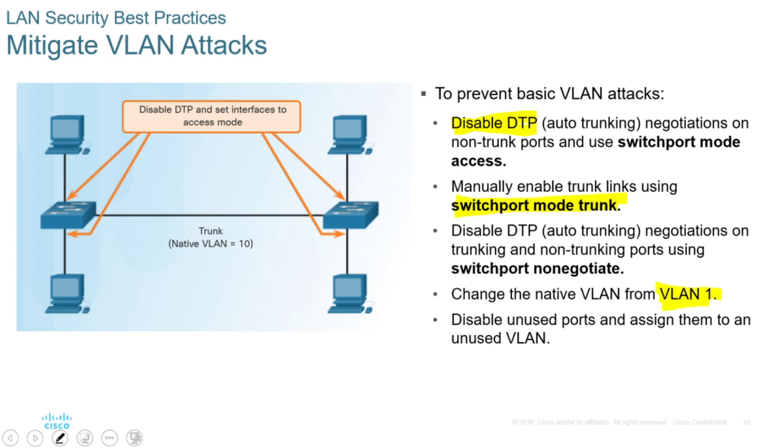Again, we can change that to something else and disable the ports. One of the other things that we can do is, if we take all the unused ports and assign them to another unused VLAN, then that in itself will isolate them separately. So anyone who is coming to that will only be able to access all the unused ports. So again, that can also be another approach there.